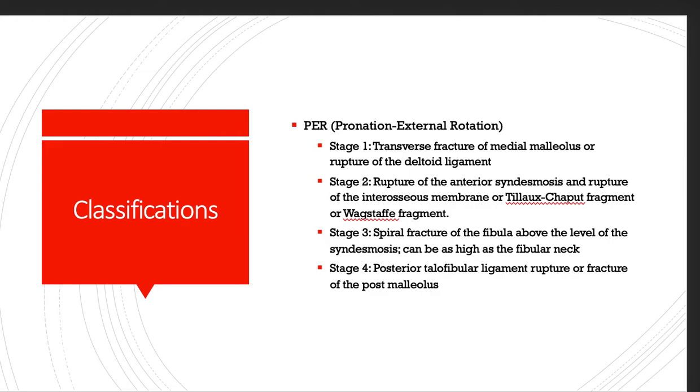Stage 3 is a spiral fracture of the fibula above the level of the syndesmosis, which can go as high as the fibular neck. A fracture as high as the fibular neck is termed a Maisonneuve fracture, which is a proximal fibular fracture. Stage 4 is a posterior talofibular ligament rupture or fracture of the posterior malleolus.